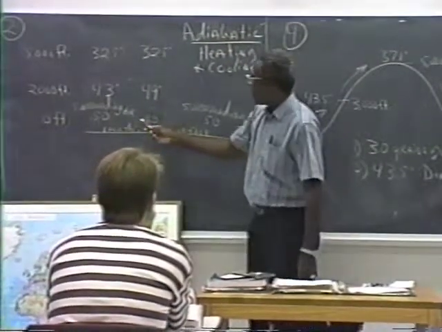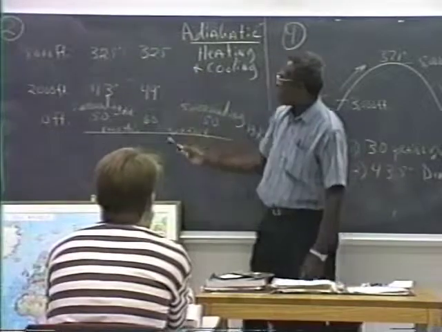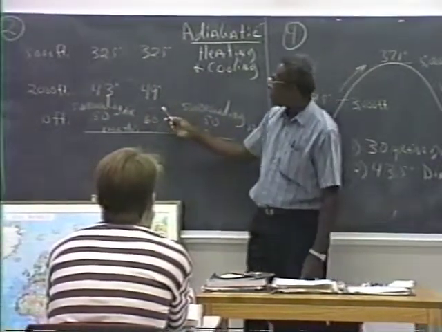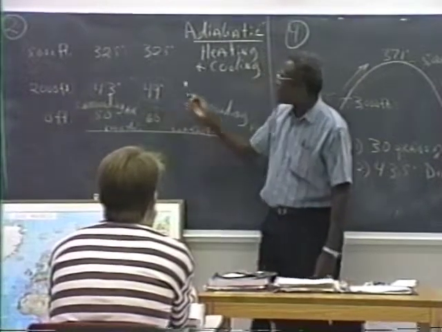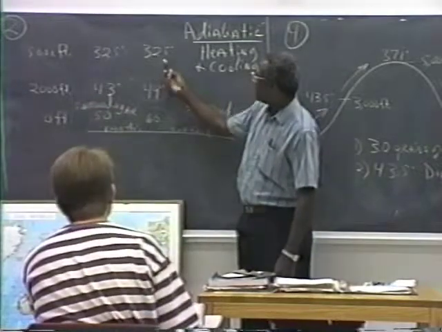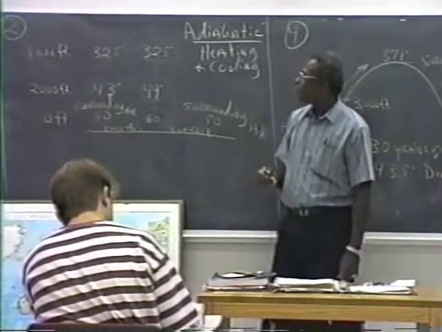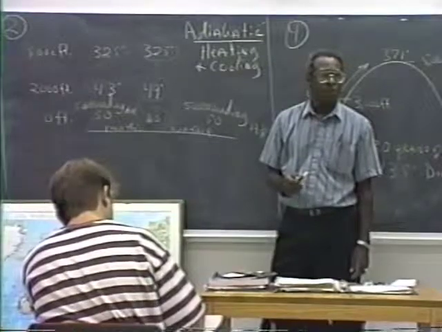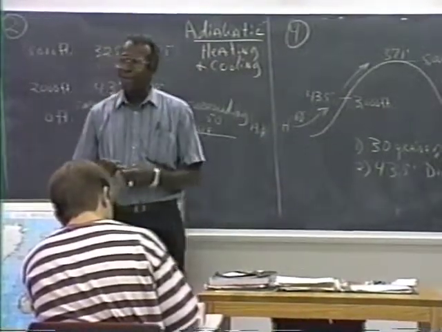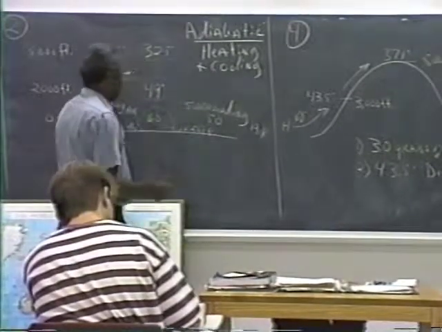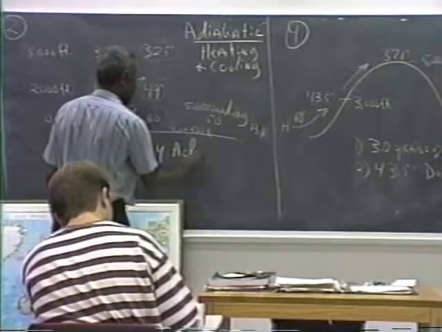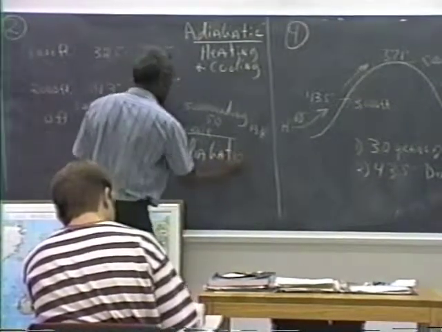And so, as the air rises up, we can determine the air temperature at 2,000 feet. And the air temperature as it rises to 2,000 feet becomes 49 degrees. As it rises up to 5,000 feet, it becomes 32.5 degrees. Now, it rises and cools off at what we call the dry adiabatic rate.